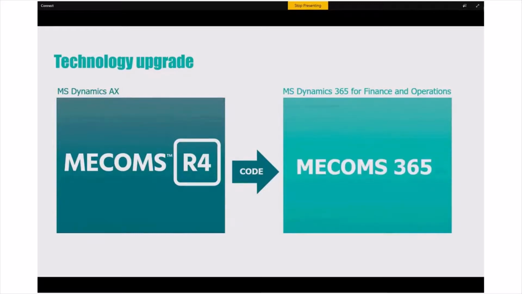And that's the time where MECOMS 365 for CIS and MDM was born. So in this release, we're taking all the functionality from R4 and moving it to the new platform, making sure that everything still works well within a scope, and some architectural improvements. So no new features for now in this release.